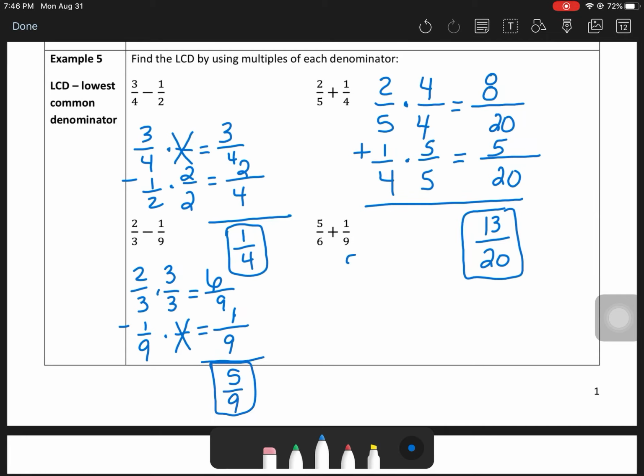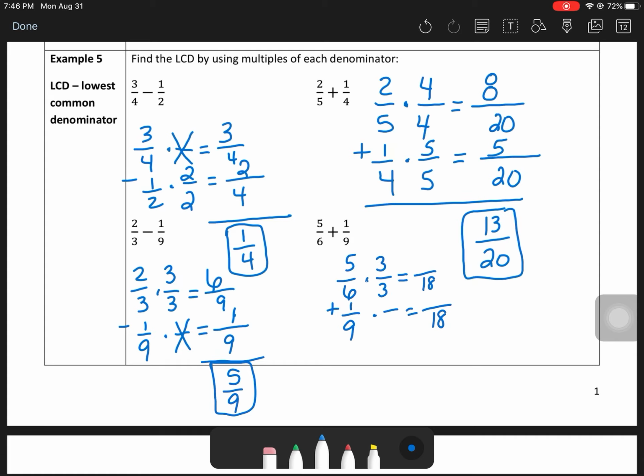Let's do the next one. 5/6 plus 1/9, times blank equals blank. If I count by 6's and I count by 9's, the first time they would be in common would be 18. What number times 6 is 18? That's 3.